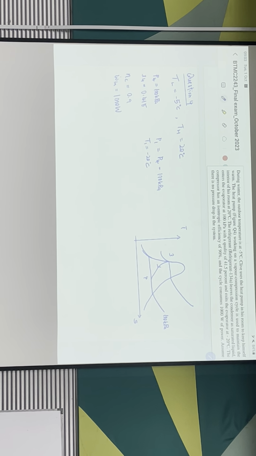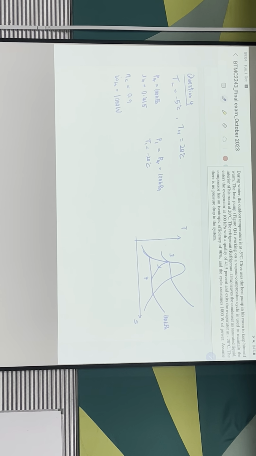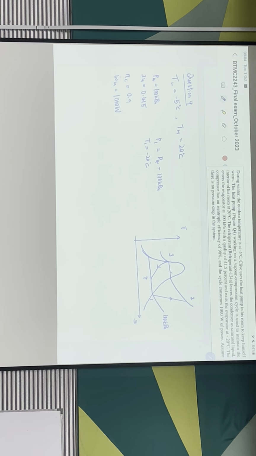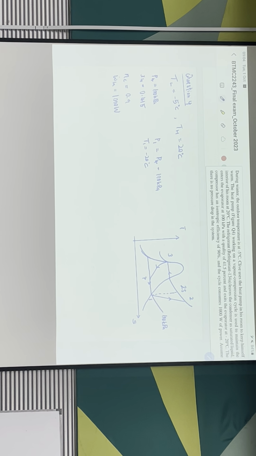And since you know that the compressor has an isentropic efficiency of 90%, it should go somewhere here. It shouldn't be a straight line anymore. So this one, this is 2. And maybe we note down the 2s as well. Not sure if we need to use it, but we might.